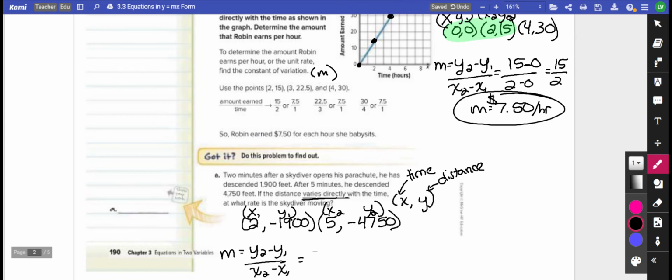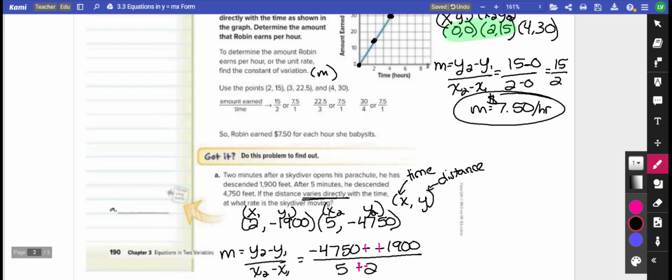I'm going to plug my values in, so negative 4,750 minus negative 1,900 divided by 5 minus 2. So there's subtraction, so I'm going to add, make that a positive, and the denominator, I'm going to add and make that into a negative.